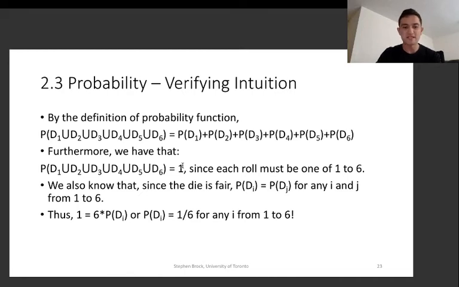We also know that since the die is fair, the probability of Di is equal to the probability of Dj for any i and j from 1 to 6. The probability of rolling a 1 is the same as rolling a 2, for example. Therefore, 1 is equal to 6 times the probability of Di, or the probability of Di is equal to 1/6 for i from 1 to 6. There we go. That was pretty cool.